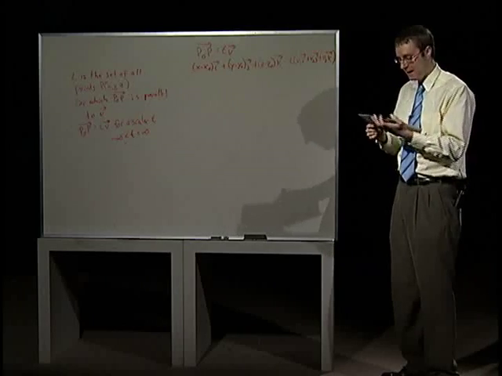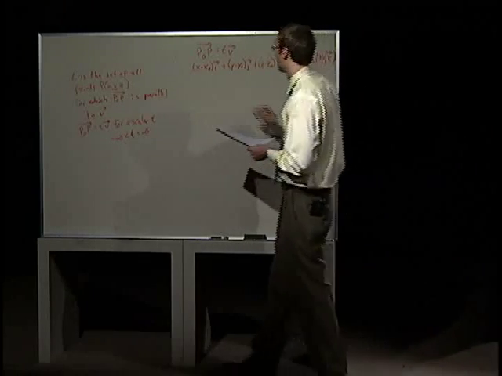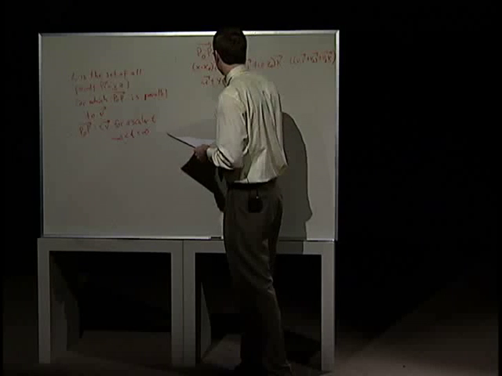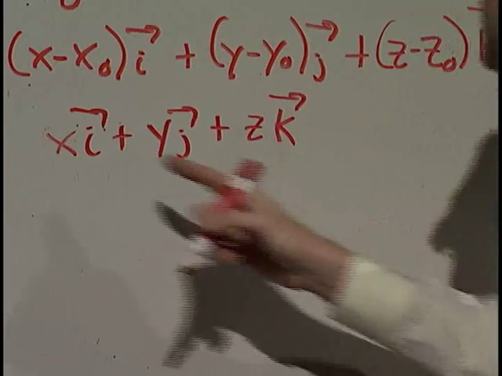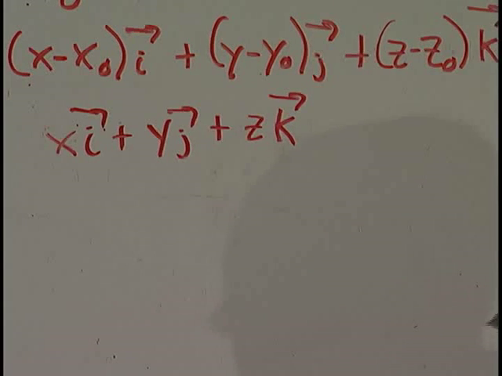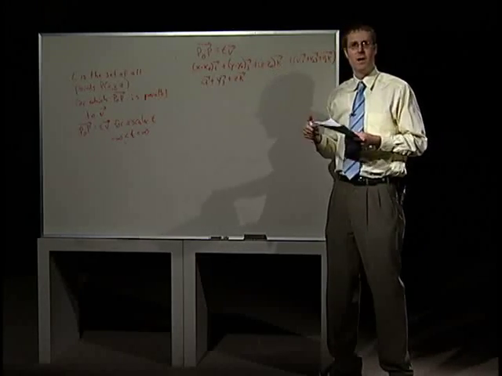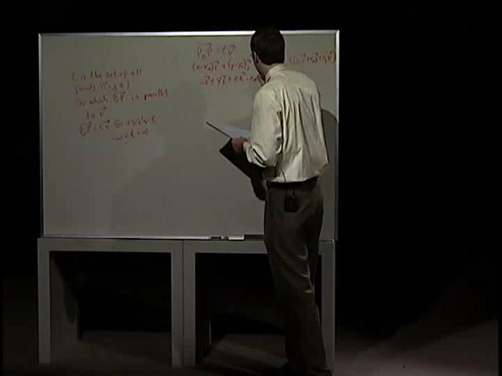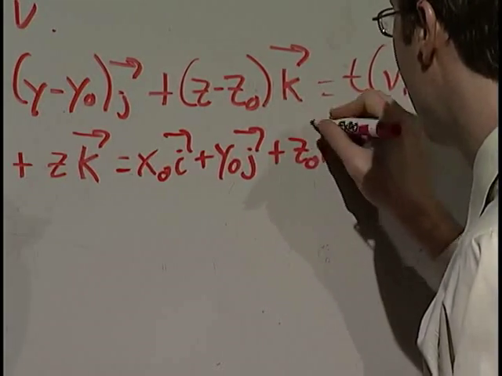No surprises so far. And then the goal is to combine things and make them look nicely. So what we're going to do is get all the x, y, and z terms, the unknown terms, the variable terms, if you will, on one side of this. So we have an xi, a yj, and a zk. And then all the known terms, I mean, remember, we know the value of v1, v2, and v3, and we know the value of x0, y0, and z0. We know those values. So we're going to cluster all that on the other side: x0i plus y0j plus z0k.